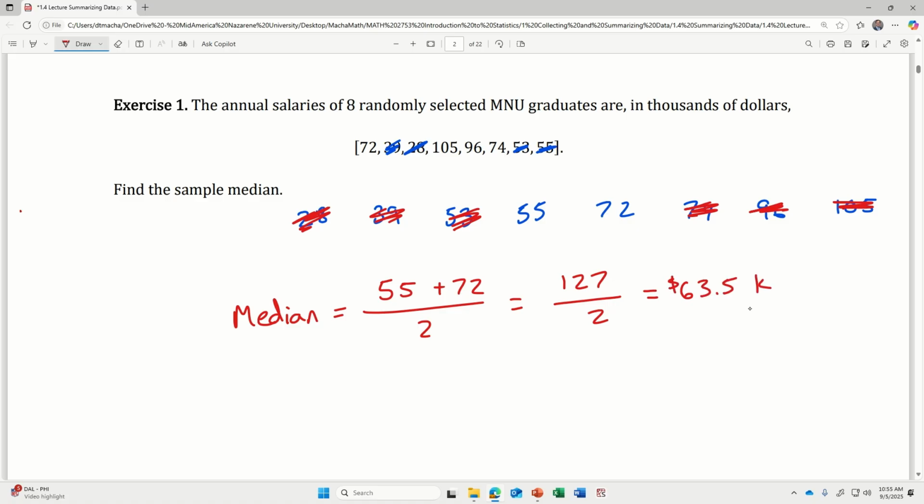Okay, so that's my median. So if you have an odd numbered sample, you just pick the middle one. If you've got an even numbered sample, pick the middle 2, add them together, divide by 2. That gives you the midpoint halfway between those. That's your median.